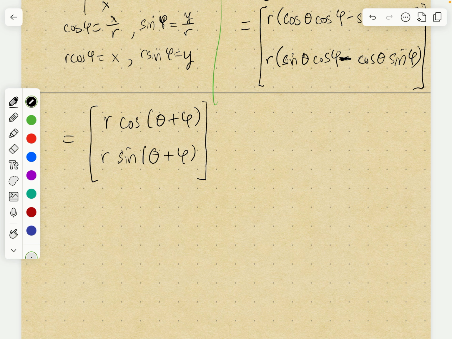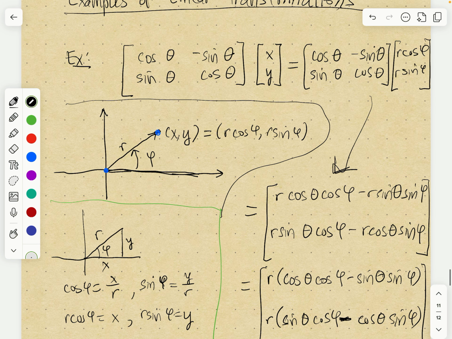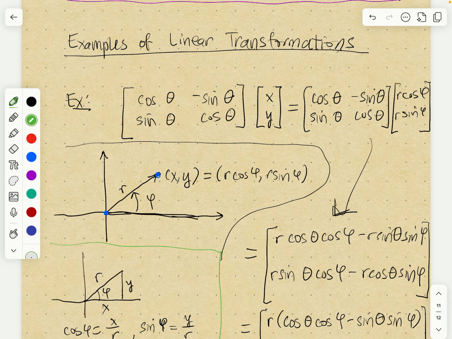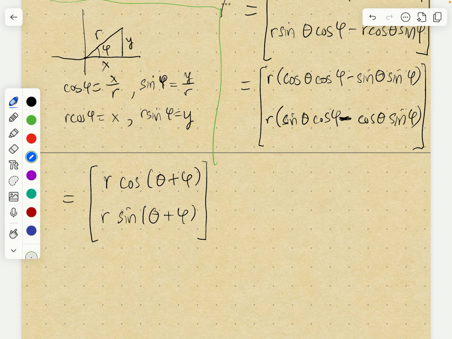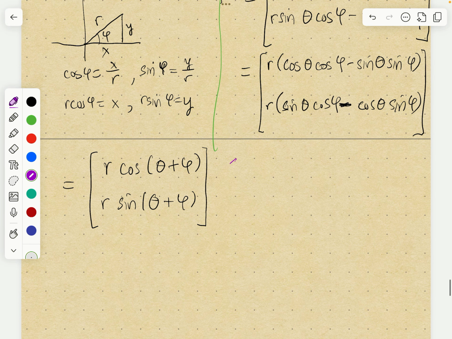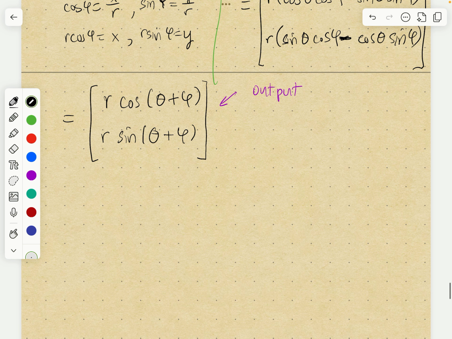So that's the output. Let's just make it clear that this is your input, r cosine phi, r sine phi, and when you multiply the matrix by that vector, we got this output. Now, what does that output look like on the xy plane? Well, we have the polar coordinates.